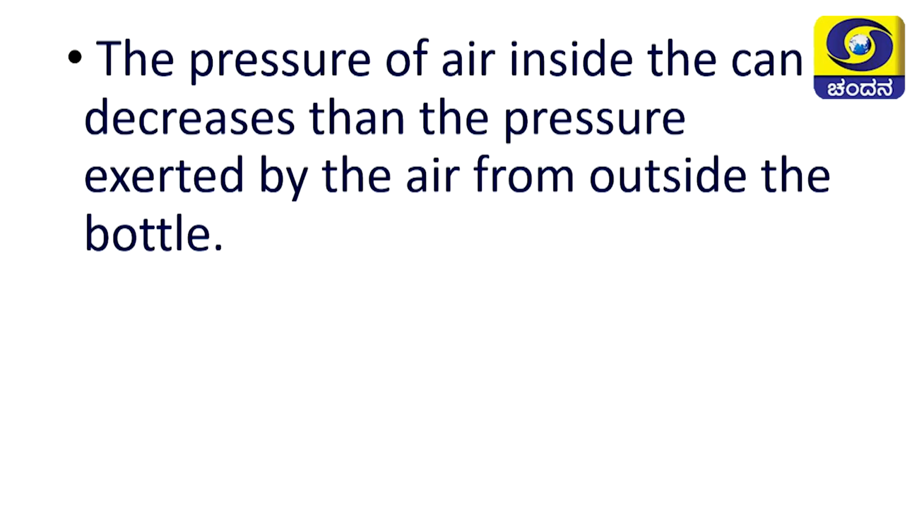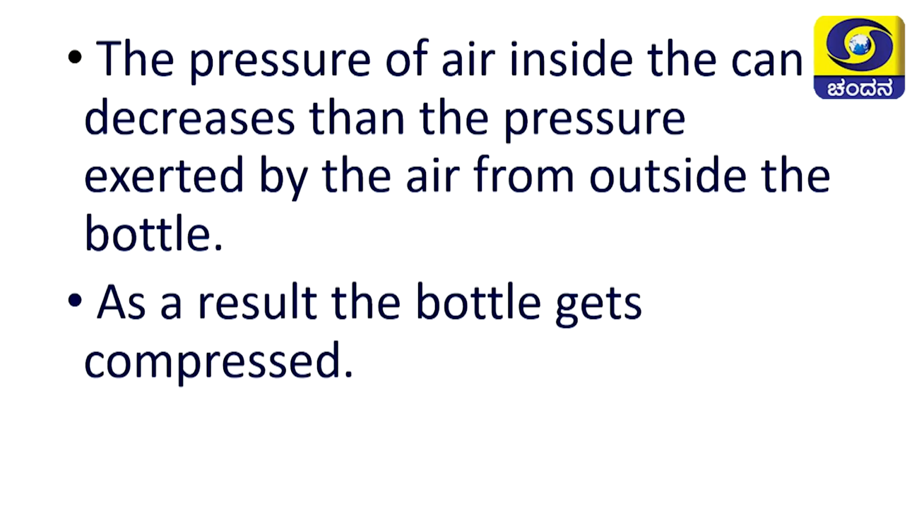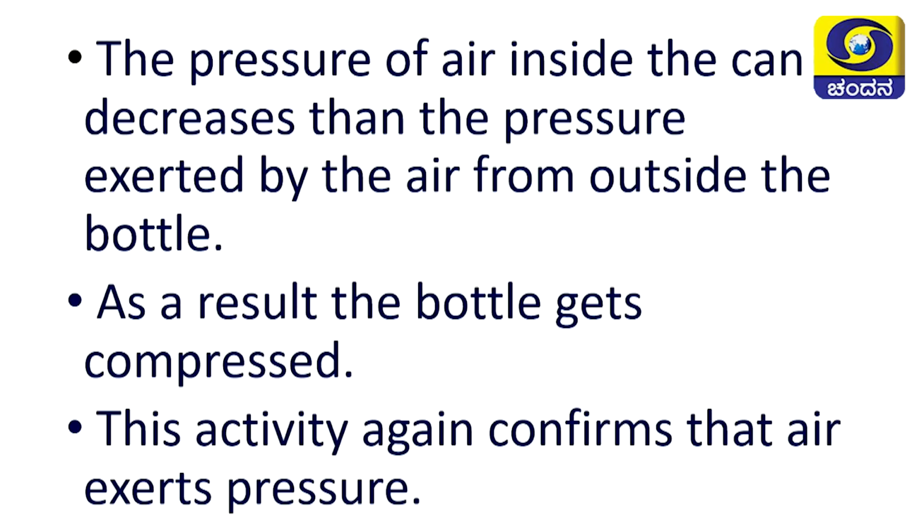Keep in mind, the pressure of air inside decreases compared to the pressure from outside. As a result, the bottle gets compressed. This activity again confirms that air exerts pressure.